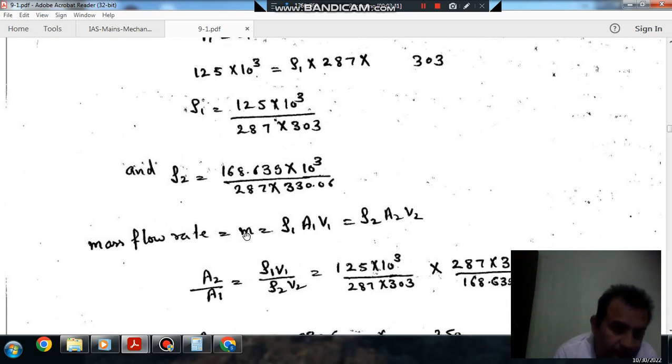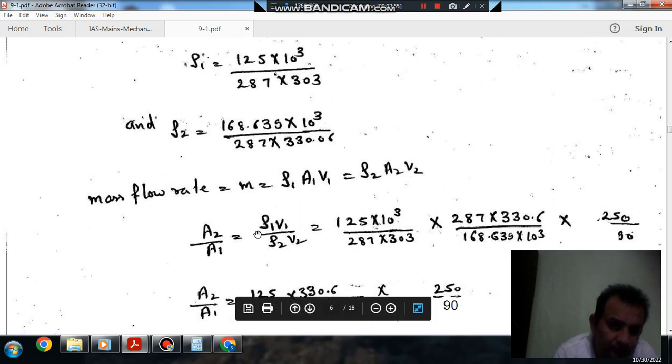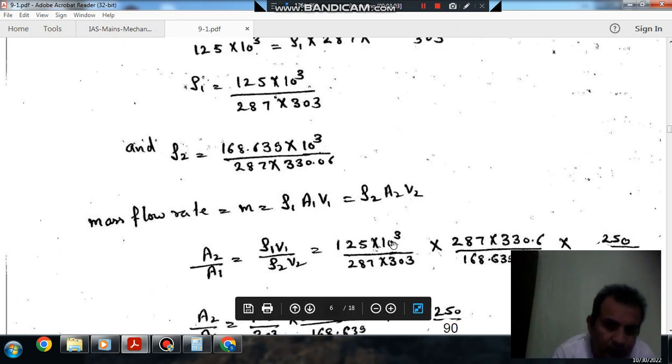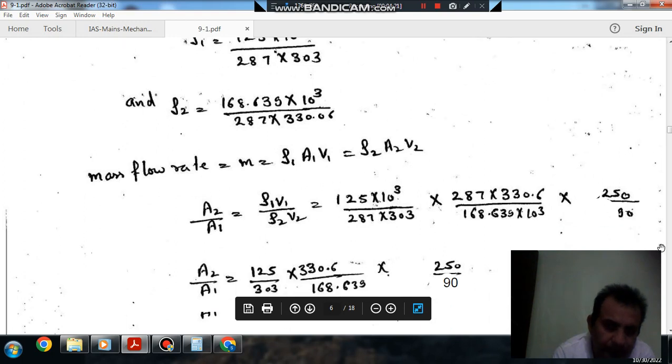Assuming the continuity equation, the mass flow rate for steady flow will remain the same at inlet and exit. So m is equal to rho 1 A1 V1 is equal to rho 2 A2 V2, and from this we have A2 by A1 as rho 1 V1 divided by rho 2 V2, where V1 and V2 are velocities. Rho 1 is this quantity, 125 divided by 287 divided by 303, and rho 2 is this quantity, 168.693 divided by 287 divided by 330.06.